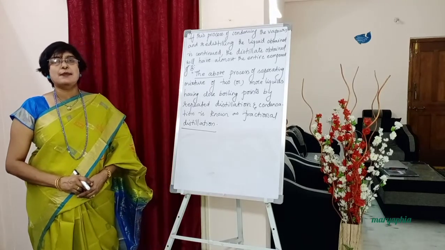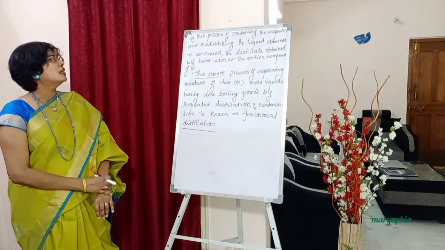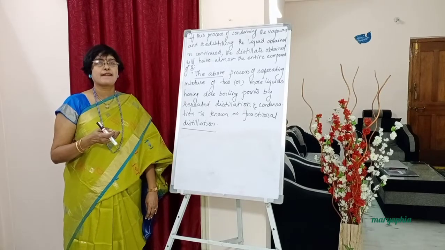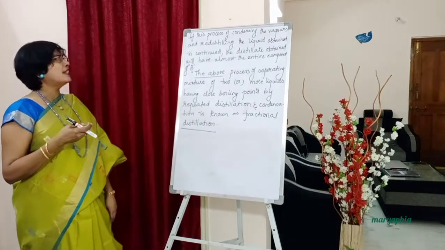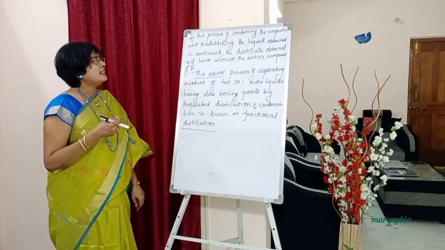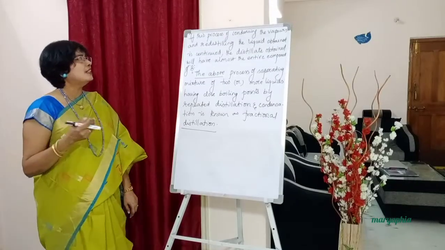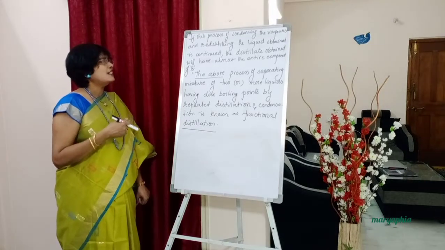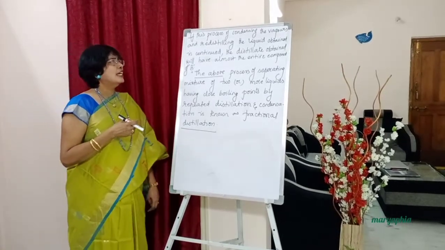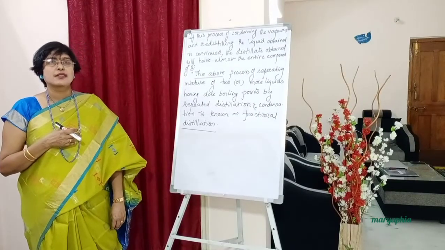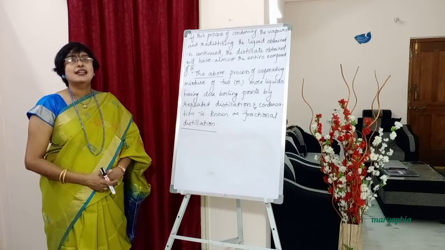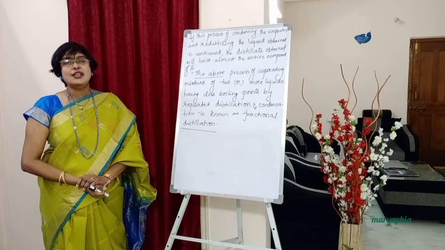Below that, write down, if this process of condensing the vapors and redistilling the liquid obtained is continued, the distillate obtained will have almost the entire component of B. So what did you notice, students, from this process of condensing and redistilling?